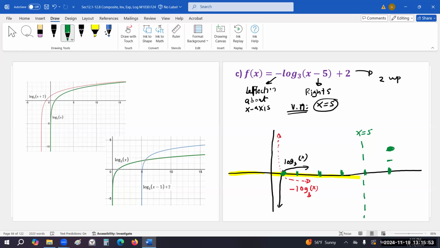That's our new point, and it's a reflection. So we are going to draw this one. The original graph has the bigger part below, smaller part above. So that means here the smaller part should be below, and the bigger part should be above.